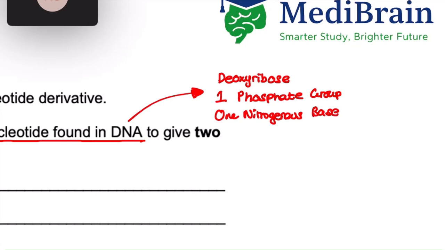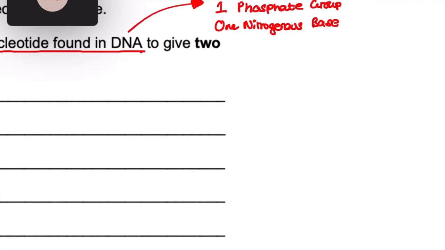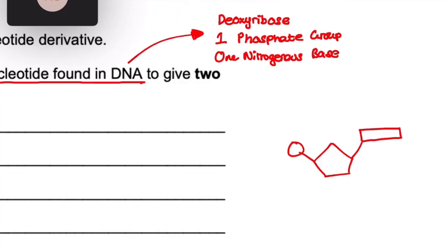In fact, if we were to just recap the structure of DNA and draw it, then we would have our pentose sugar, which is our deoxyribose. We would have our nitrogenous base, and then we would have our phosphate group.